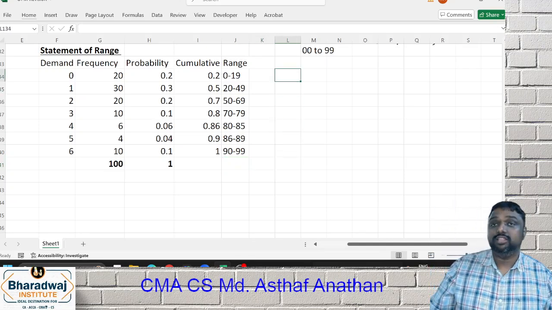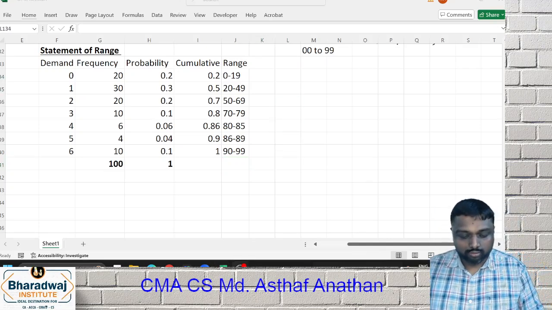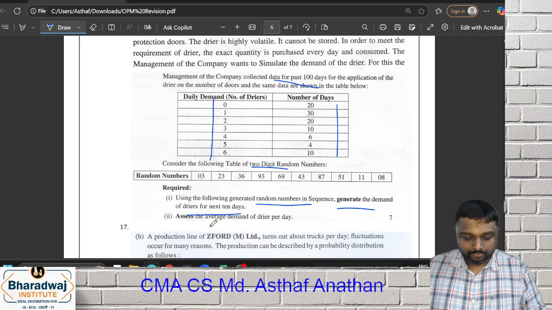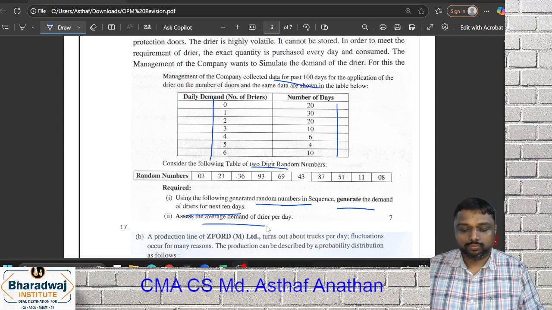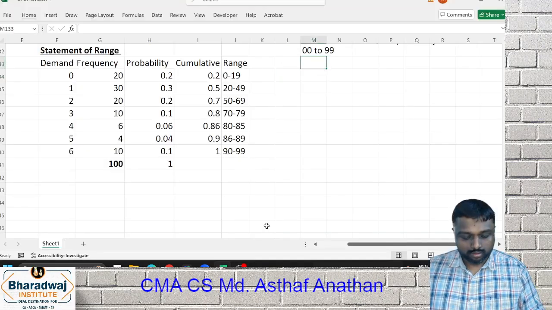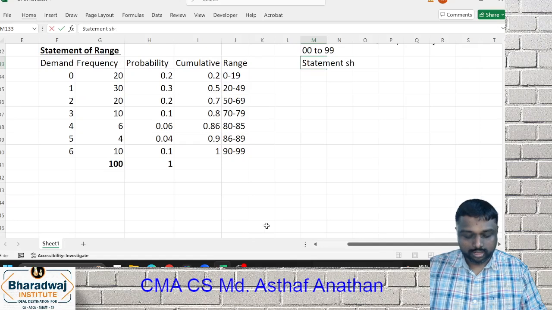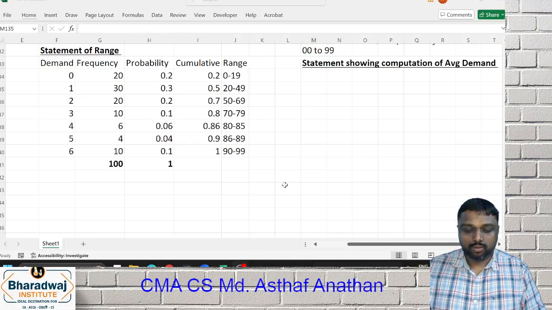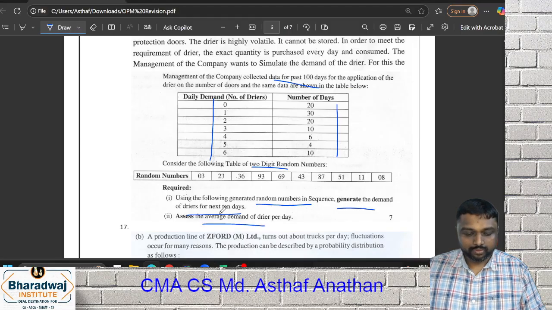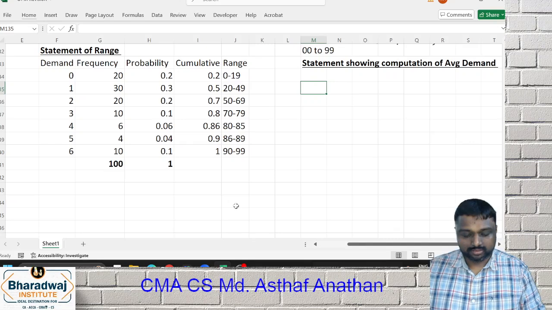Once the statement of range is over, then they are asking you to find out average demand. So, statement showing computation of average demand. They have given here random numbers.